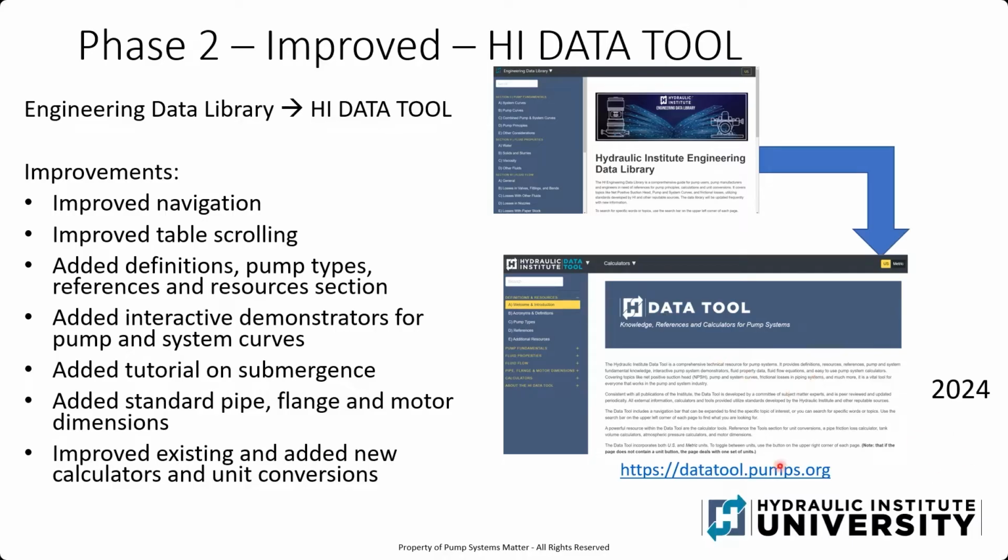So right now, if you put in datatool.pumps.org, you'll get our current site. If you are a user of the old engineering data library and you were used to using the edl.pumps.org URL, that will land you on the updated data tool site as well.